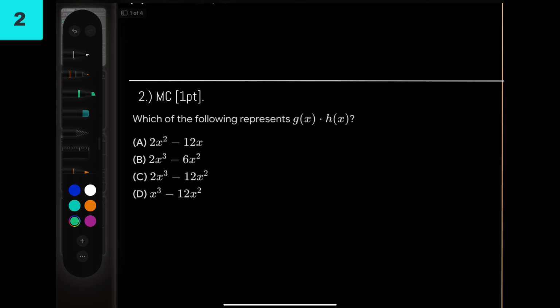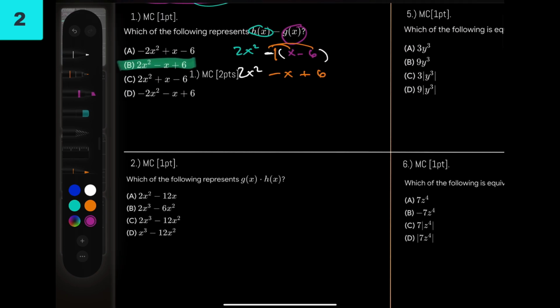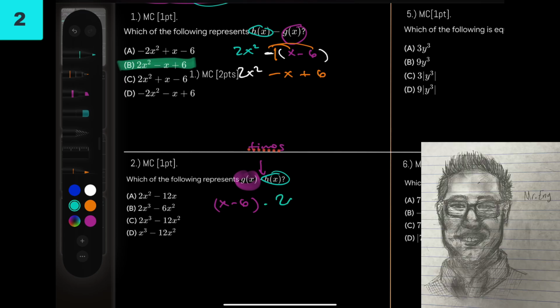Okay, which represents g times h? So g is x minus 6, and remember that's times, or multiplication. And this one is times 2x squared.